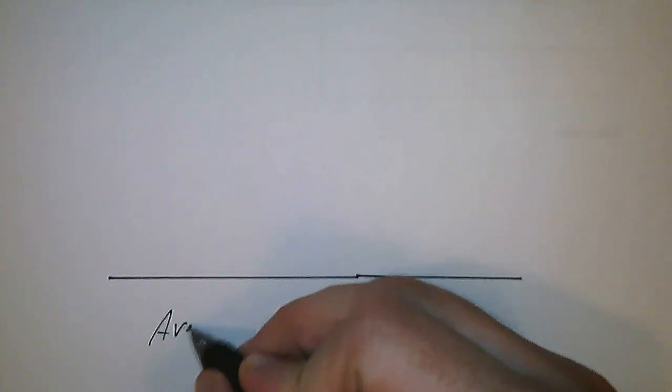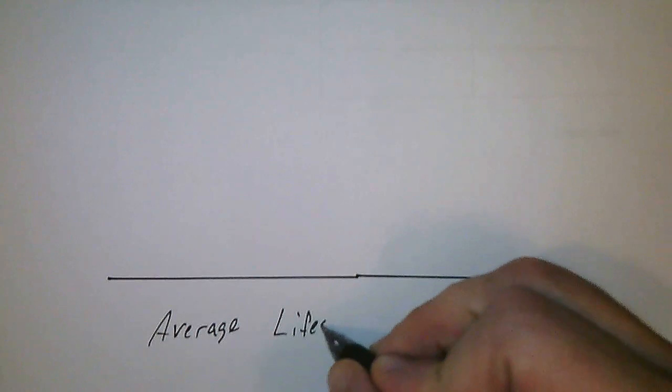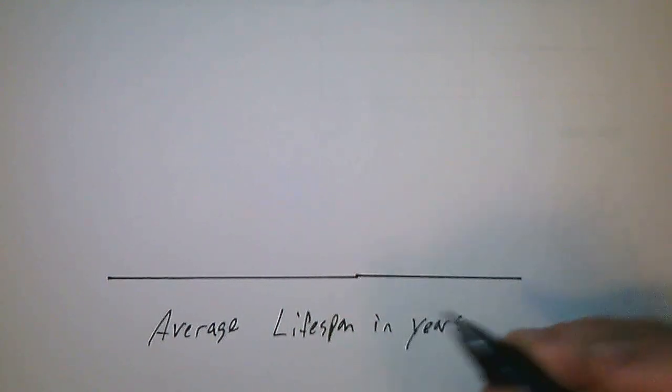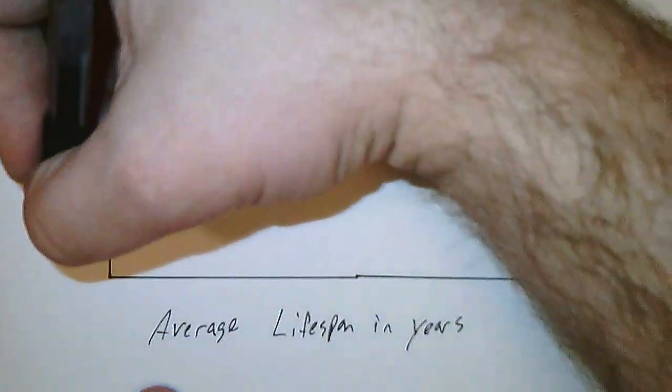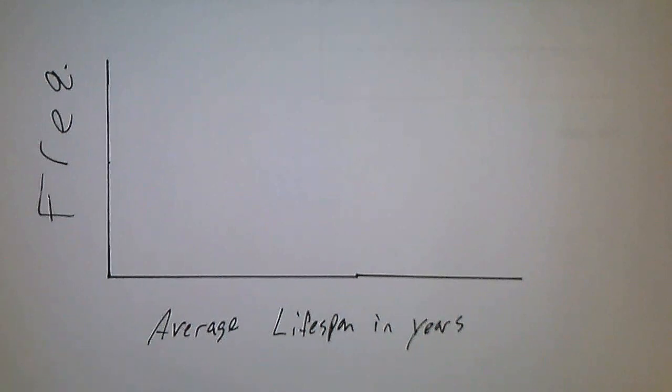We have our average lifespan in years, and then our vertical column is the frequency.